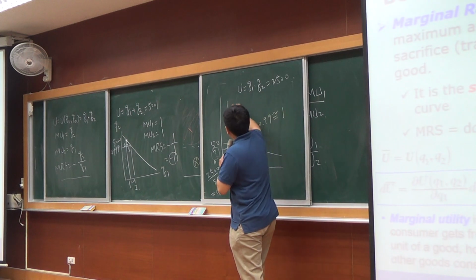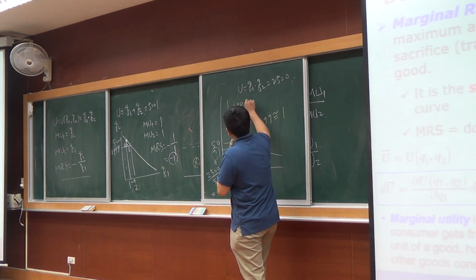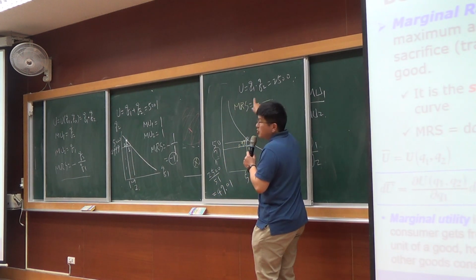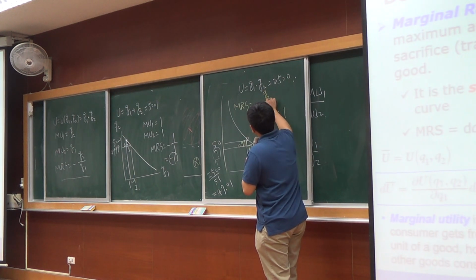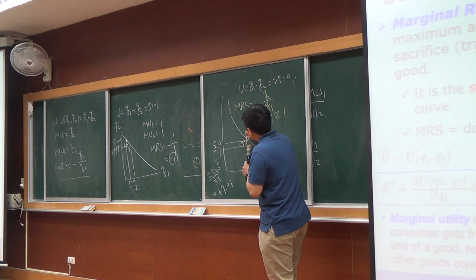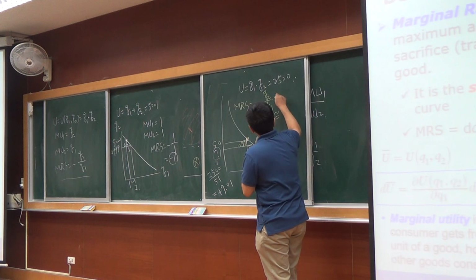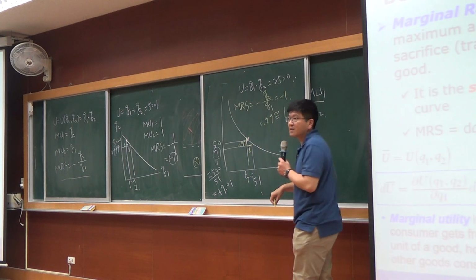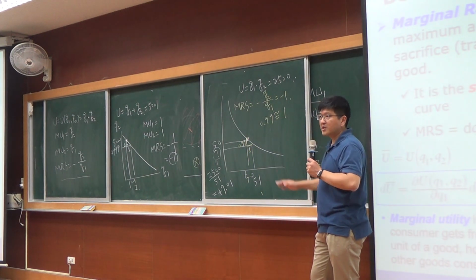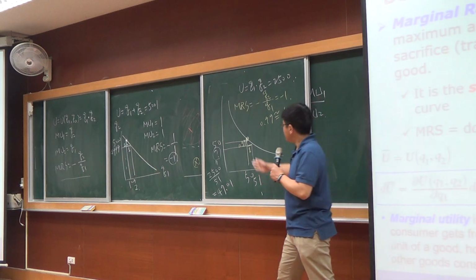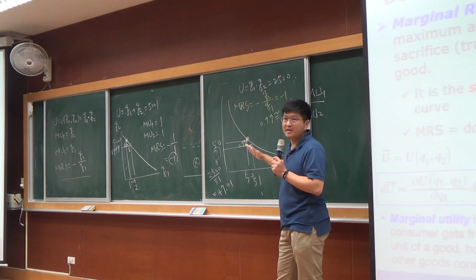And the marginal rate of substitution equals MU1 over MU2, which means Q2 over Q1. At this point, 50-50 would be negative 1. It would be very close in the middle part.